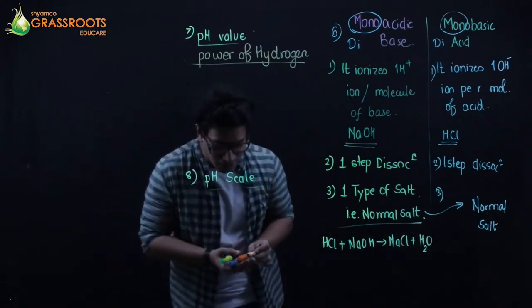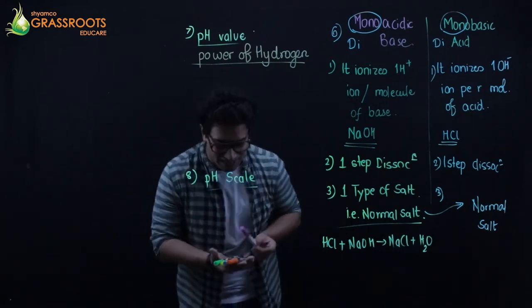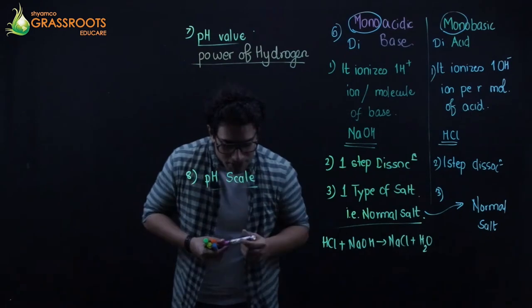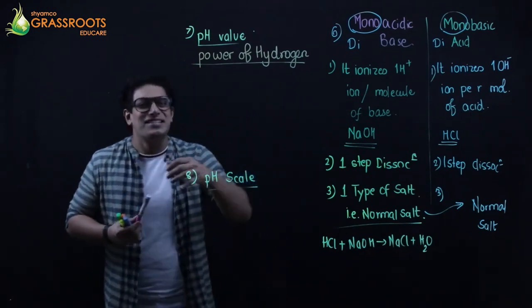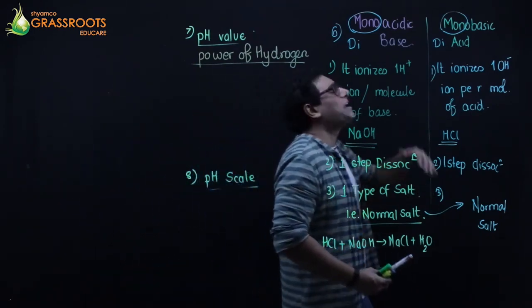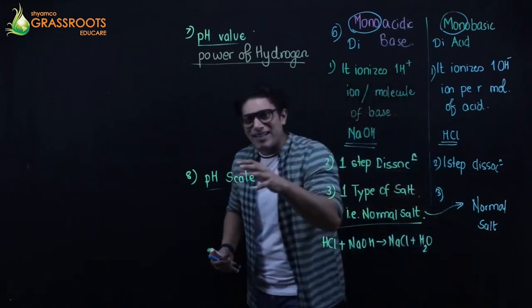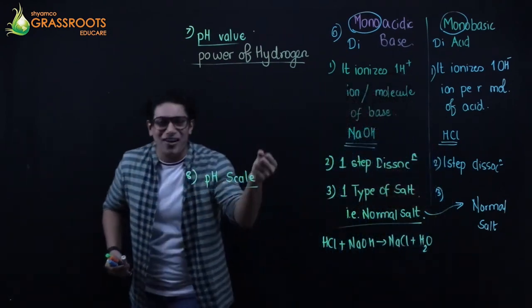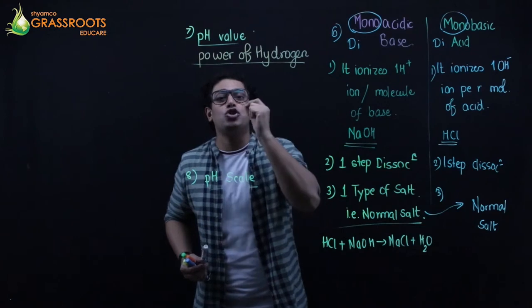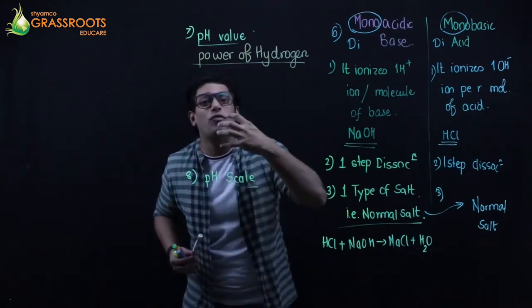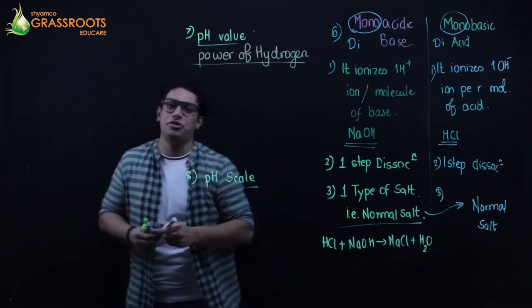So if someone asks me what is pH exactly, so I can say pH represents the strength of acids and alkalis. pH क्या करता है? It represents the strength of acid and alkalis with reference to hydrogen on basis of hydrogen ion concentration.